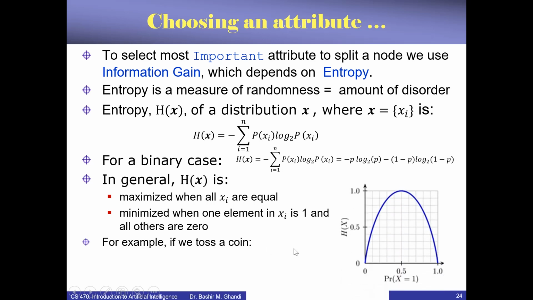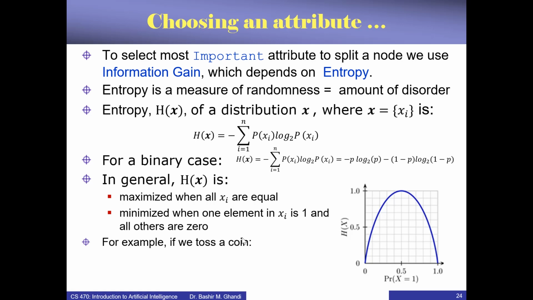Let's take an example of tossing a coin. Suppose you have a fair coin, so that when you toss it, you are equally likely to get tail or head. So in that case, the degree of randomness is higher if the coin is fair.